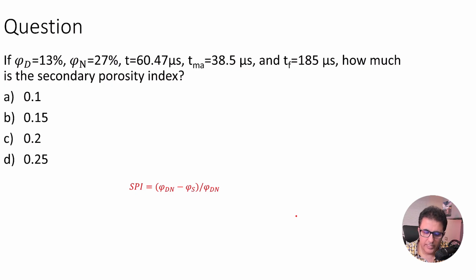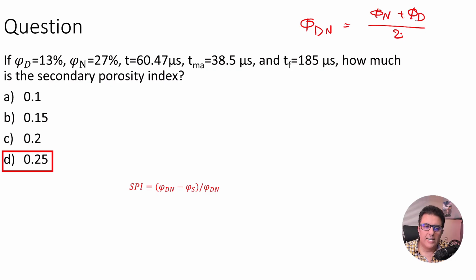In order to make it easier for you, phi dn, or the total porosity, is given by phi n plus phi d over 2. So the answer is 0.25%. So it means that 1/4 of the porosity comes from fractures.